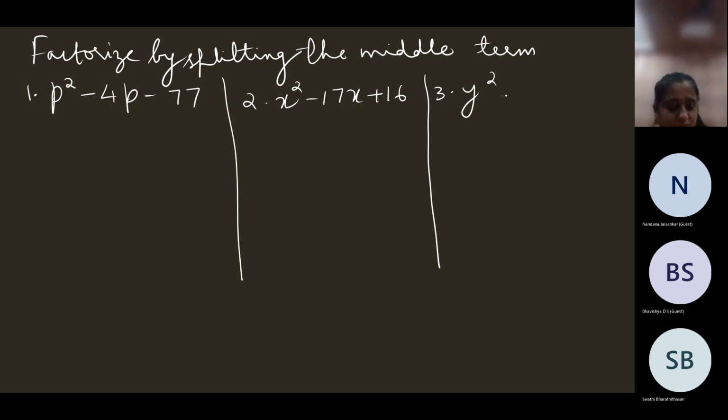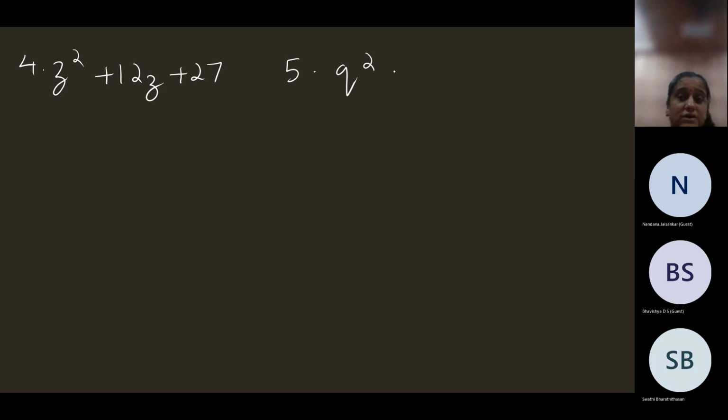Y squared plus 19y plus 16. Z squared plus 12z plus 27. Q squared minus 10q plus 21.